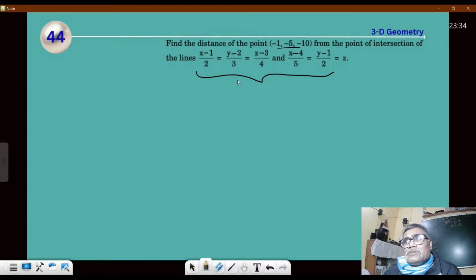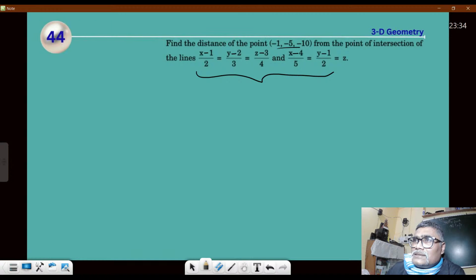For that, you need the concept of a point on a line. Then you have to use the distance formula, class 11. No, not distance formula; first solve the linear equations. Then you get the point. Then at last you have to find the distance. So this is an integrated problem, right?